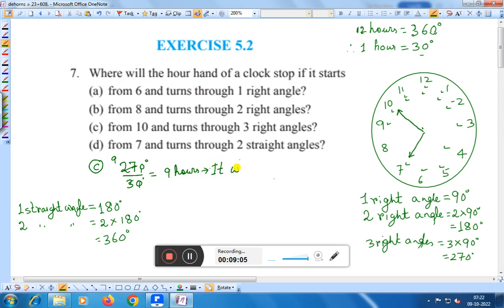Now question number D, where will the hour hand of a clock stop if it starts from 7?